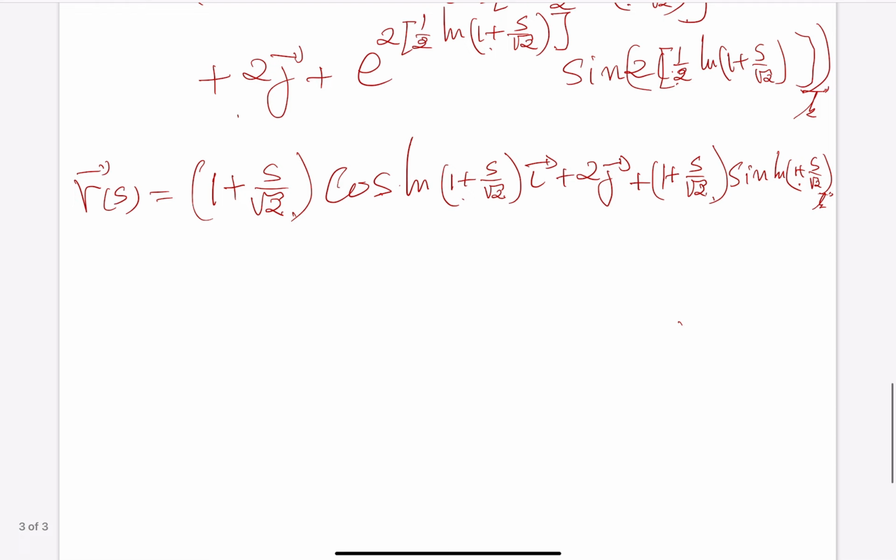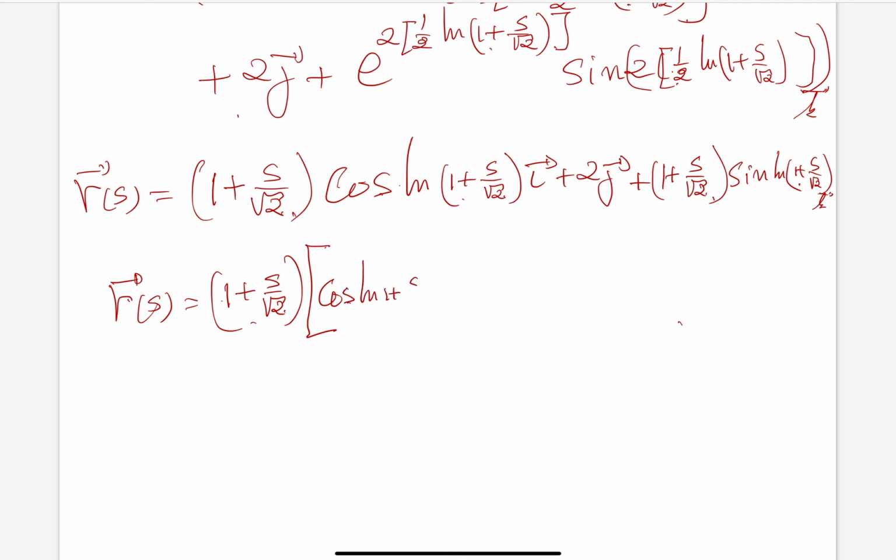Now we can factorize by s, 1 plus s over square root of 2 in parentheses, and we can put the big bracket, and we can have cosine of ln of 1 plus s over square root of 2 of i, plus, oh no, you have to divide it.